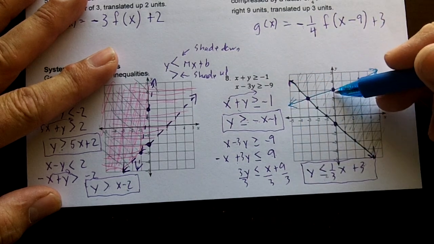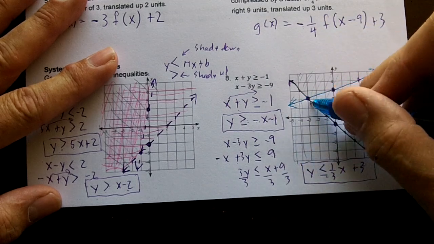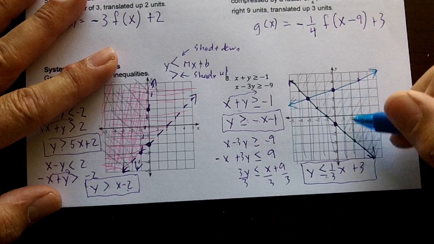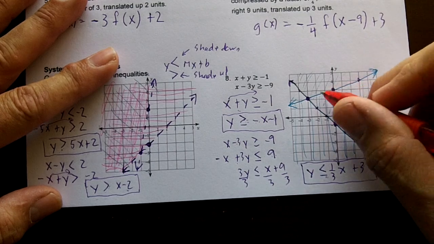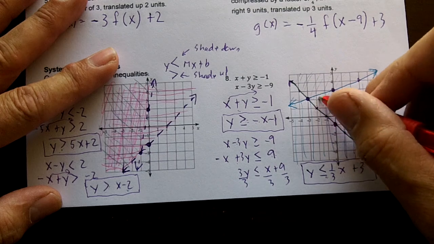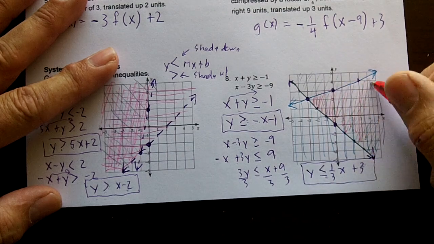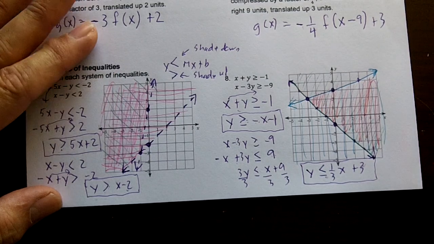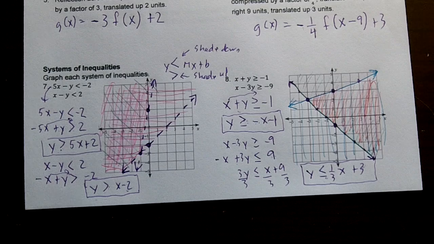Now this line will either be shaded up or down, right? It's less than, so the line is shaded down. So it's going to be shaded like this, isn't it? The double shaded part is the solution, which will be right in here, won't it? So my double shaded area is this. Okay? On the test, this may be the only shaded area on the problem.